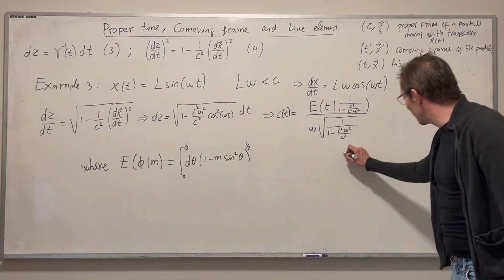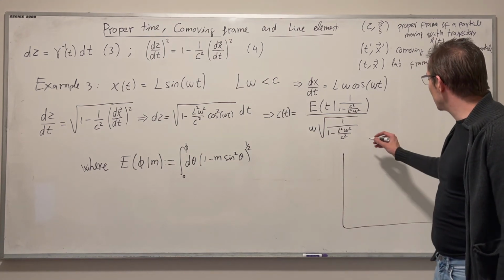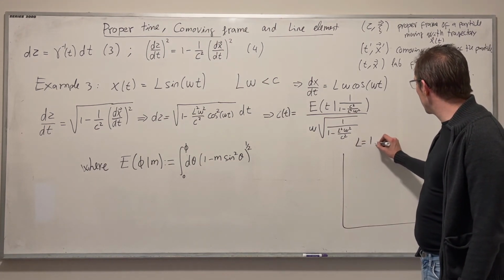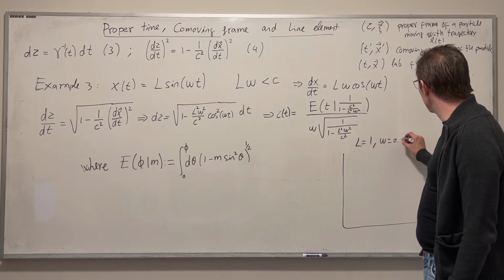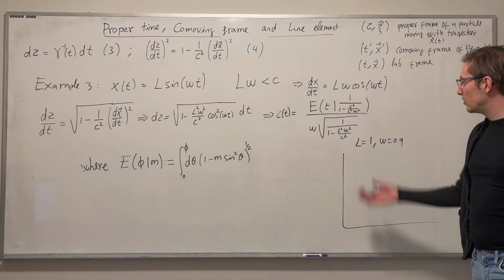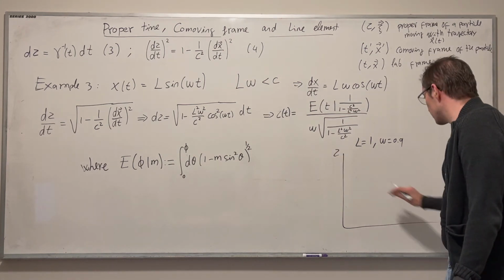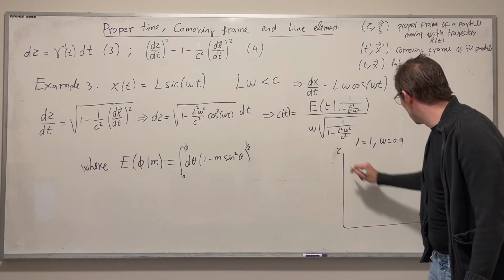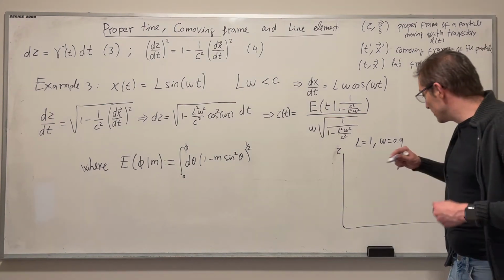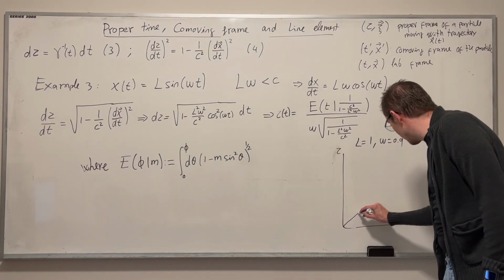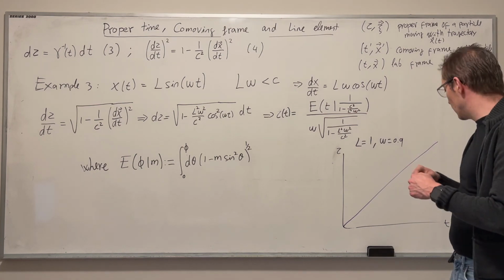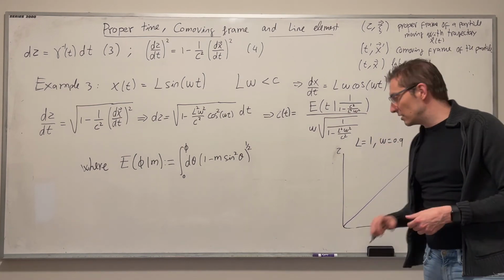But if you were to plot it, let's say that I take L equals 1, omega equals 0.9. If I were to plot it, this would be tau, and this is t. As a reference, let me draw the 45 degrees line, which is what it would be if tau were equal to t, if they were not moving with respect to each other.